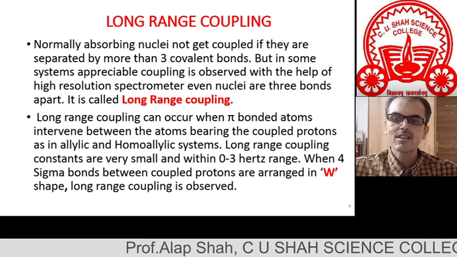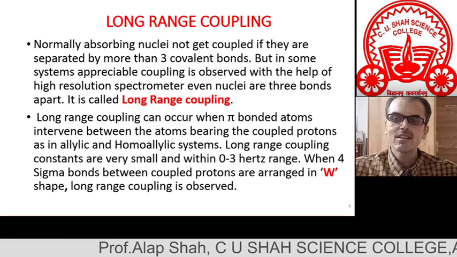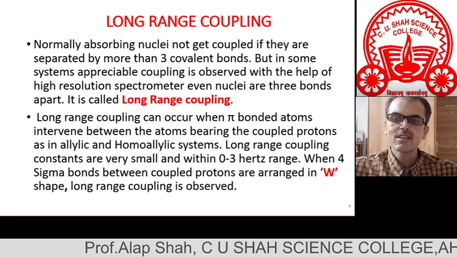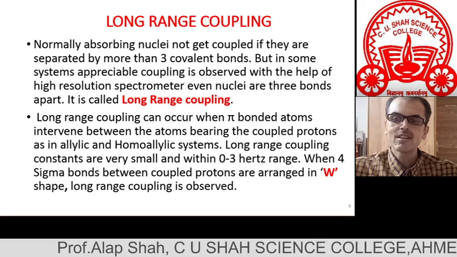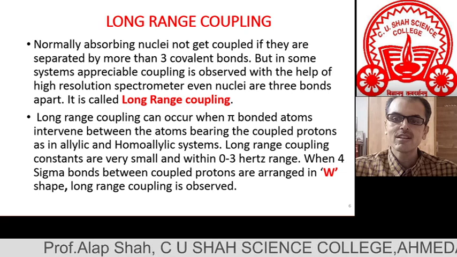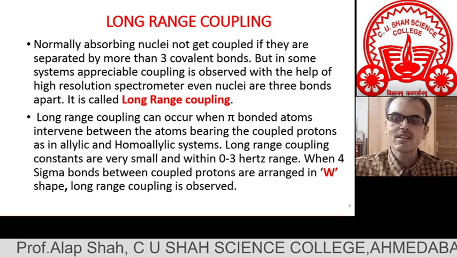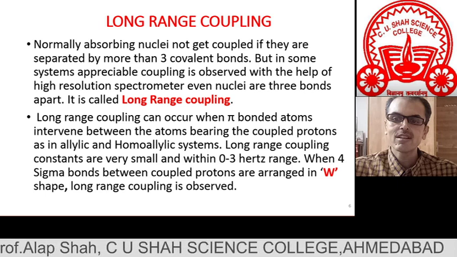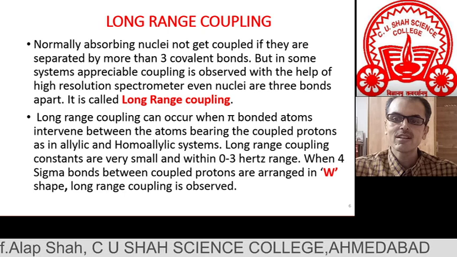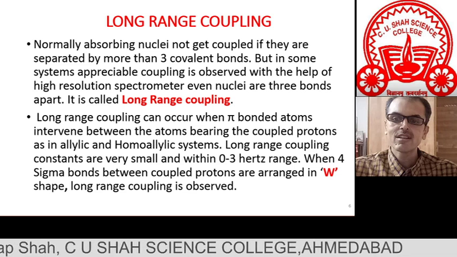Normally, friends, nuclei do not get coupled when they are separated by 3 or more covalent bonds. But in some systems we can notice appreciable coupling with the help of a high resolution spectrometer, even when the nuclei are 3 bonds apart, and that's why it is called long range coupling.